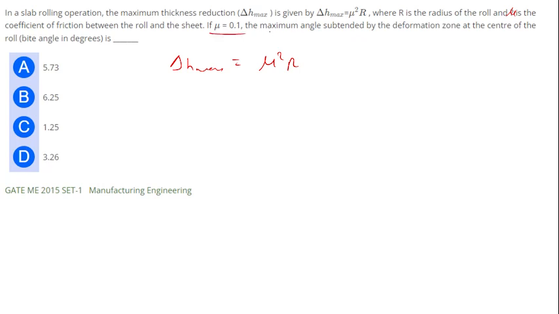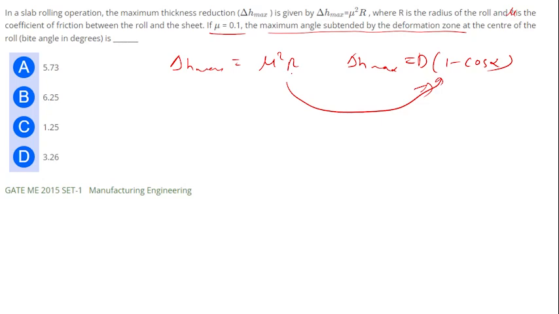If mu is 0.1, find the maximum angle subtended by the deformation zone at the center of the roll point. Either you can solve it by delta H max equals D into 1 minus cos alpha. This is one more formula where mu is given, D is given, and you can combine these two.